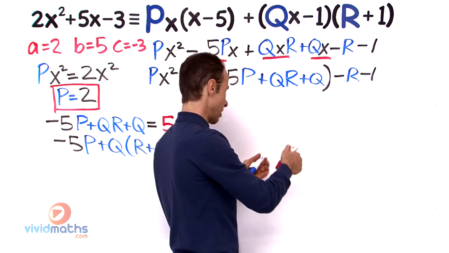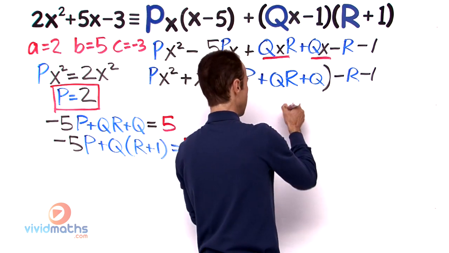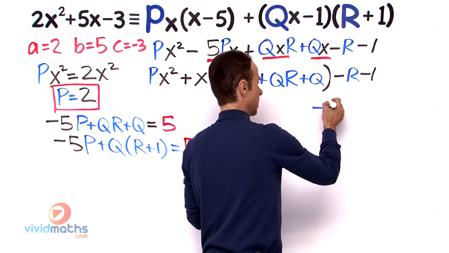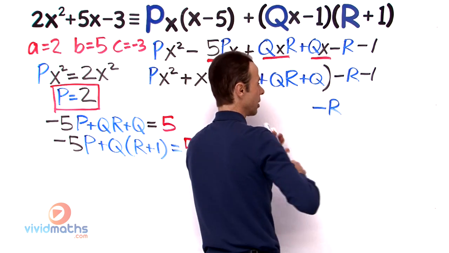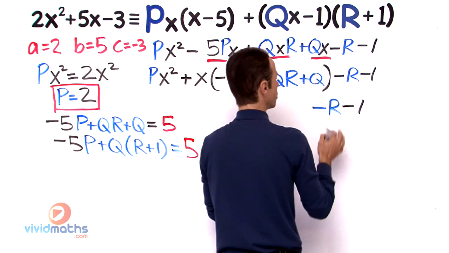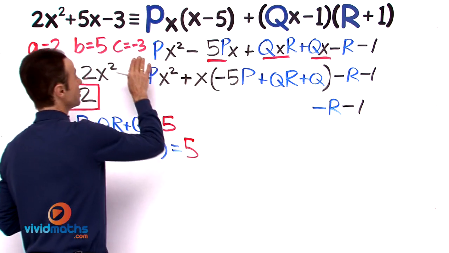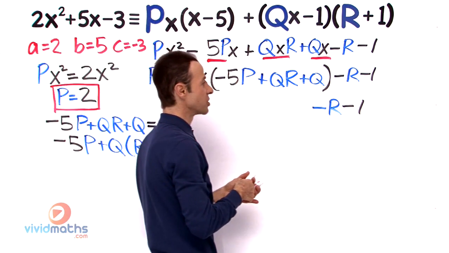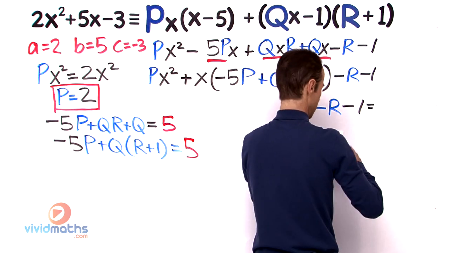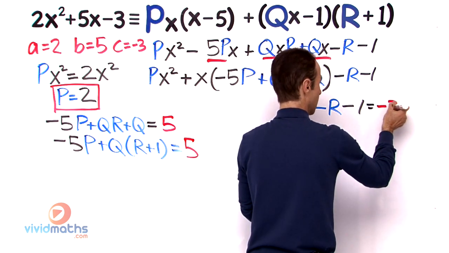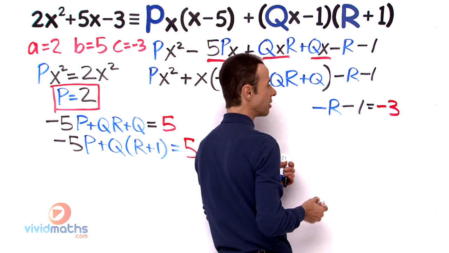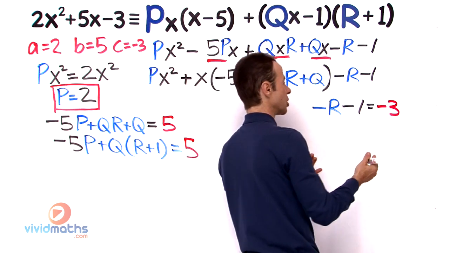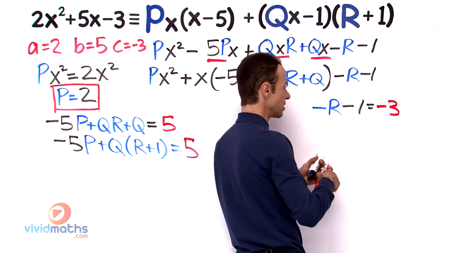So we can write this out over here, negative r, take away 1, is equal to what? Well, that last part is the negative 3. So negative 3 equals that. So one unknown, easy to work out. What I'm going to do is add 1 to both sides.